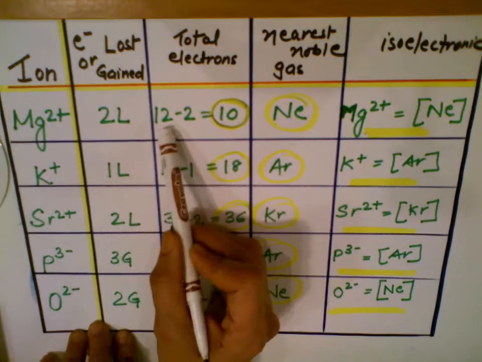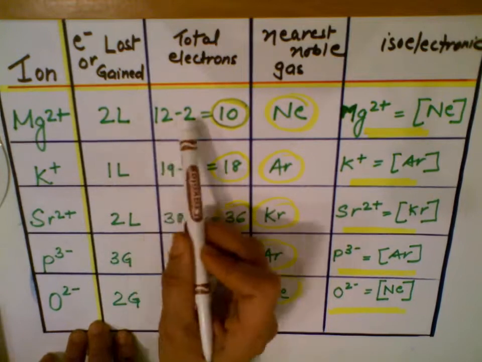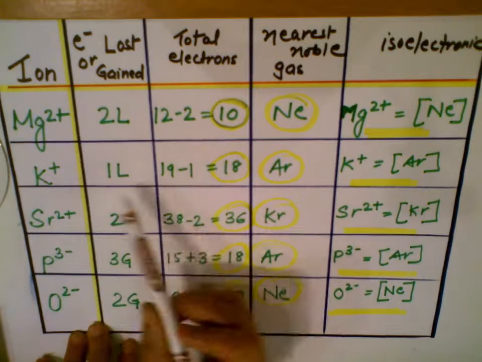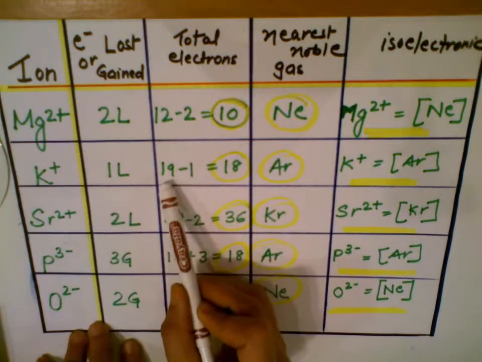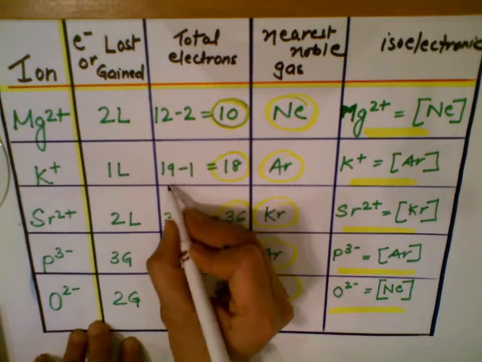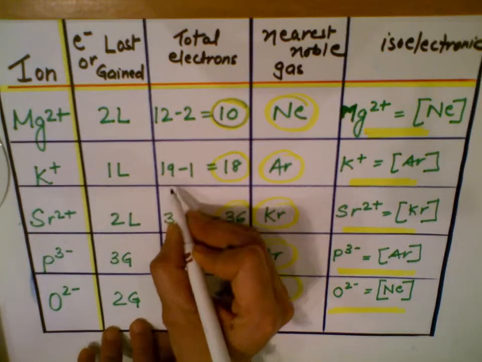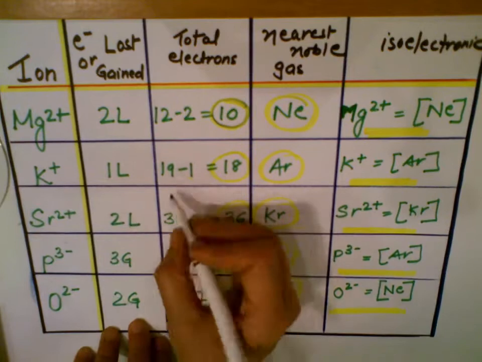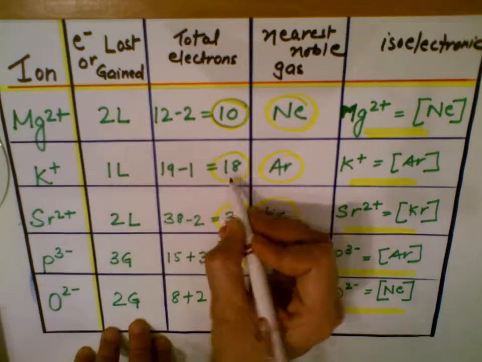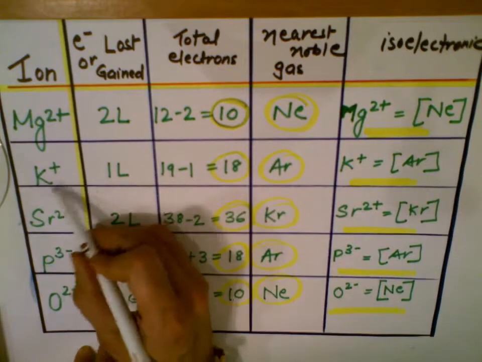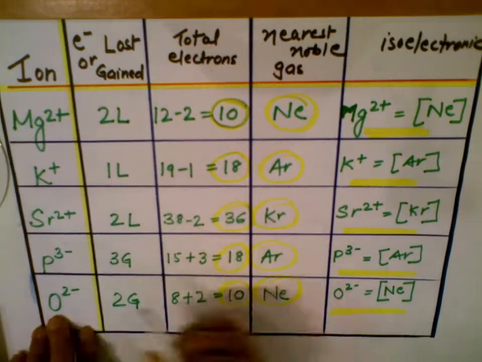Magnesium parent atom has 12 and it lost 2 electrons, so 12 minus 2 is 10. Potassium, the parent atom has 19. How do I know this? I'm looking at the periodic table. The periodic table will tell you how many electrons are there in the parent atom. Potassium has 19, it lost 1 and it is now 18. So the ion of potassium has 18 electrons.